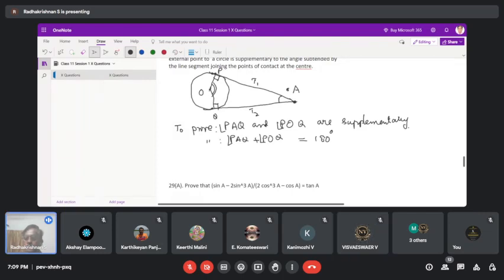Vishweshwar, yeah, that is very good. So it is 360 degrees. The total of all the four angles is 360. Two angles are 90 and 90. So what will be the sum of the other two angles? It will be 180, sir. It will be 180 because 360 minus 90 minus 90, right? So which is 180.